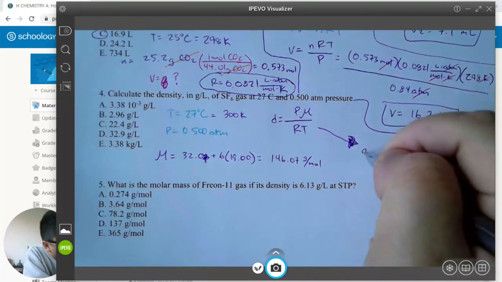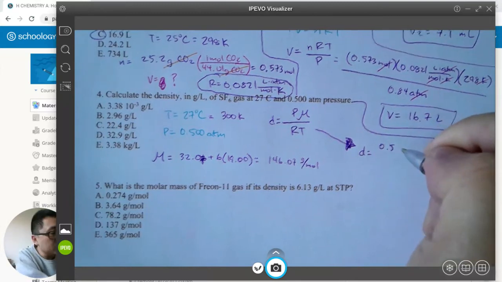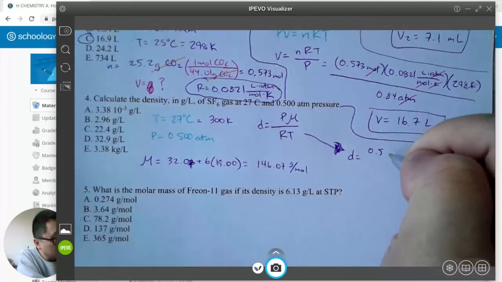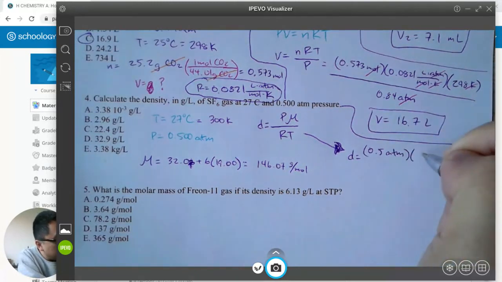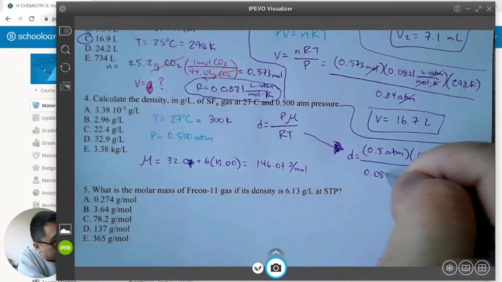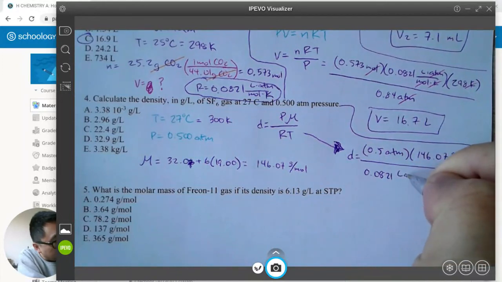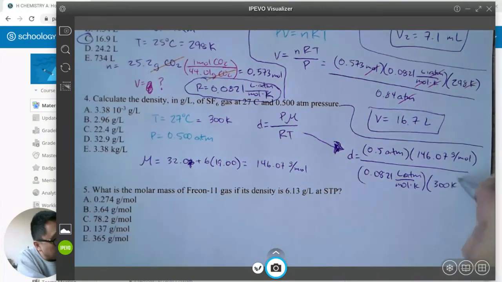Okay, so density is equal to P, which is 0.5 atmospheres, times M, which is 146.07 grams per mole, all over R, 0.0821 liters atmospheres per mole Kelvin, and T, which is 300 kelvins.